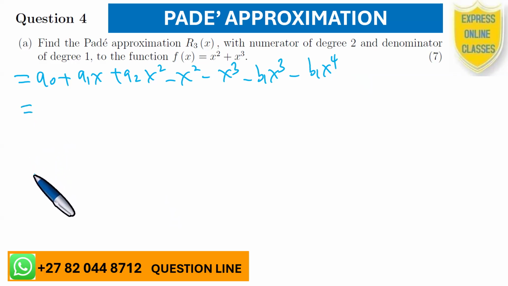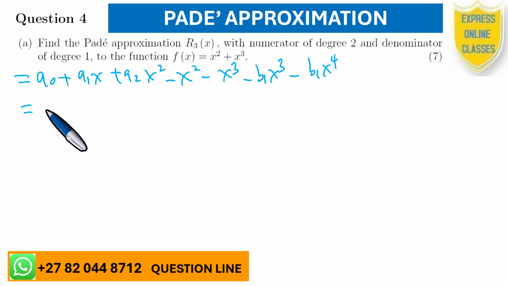So what exactly is this? This is exactly the same as the following. There's going to be a factorization that we're going to do.